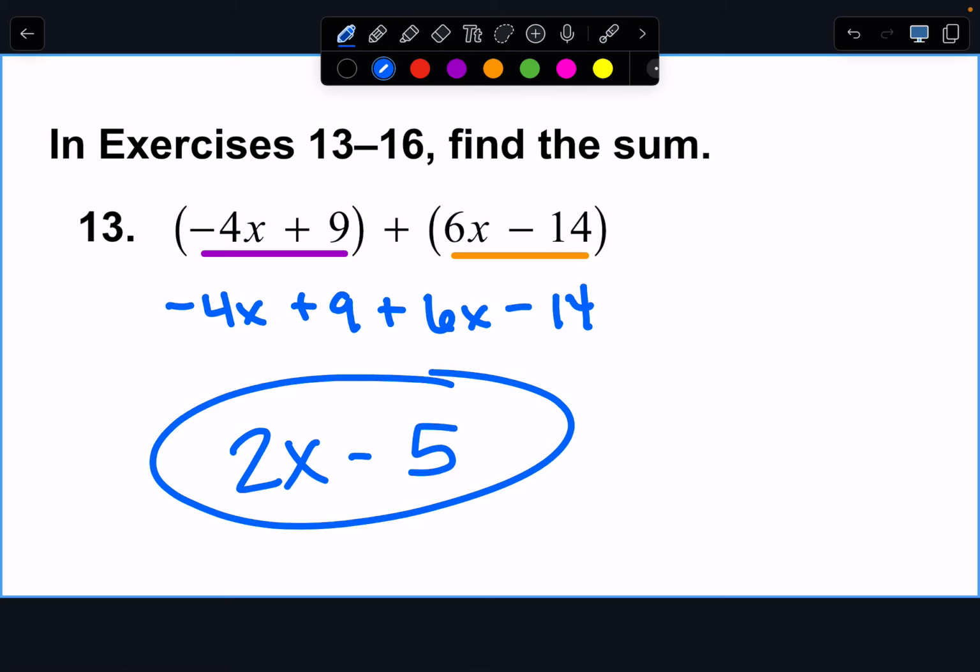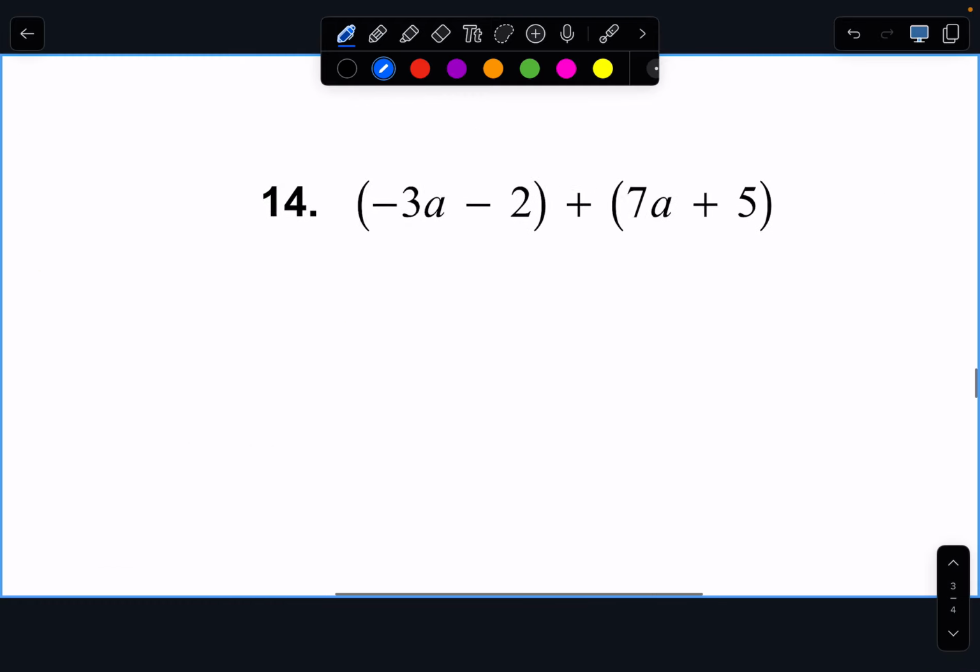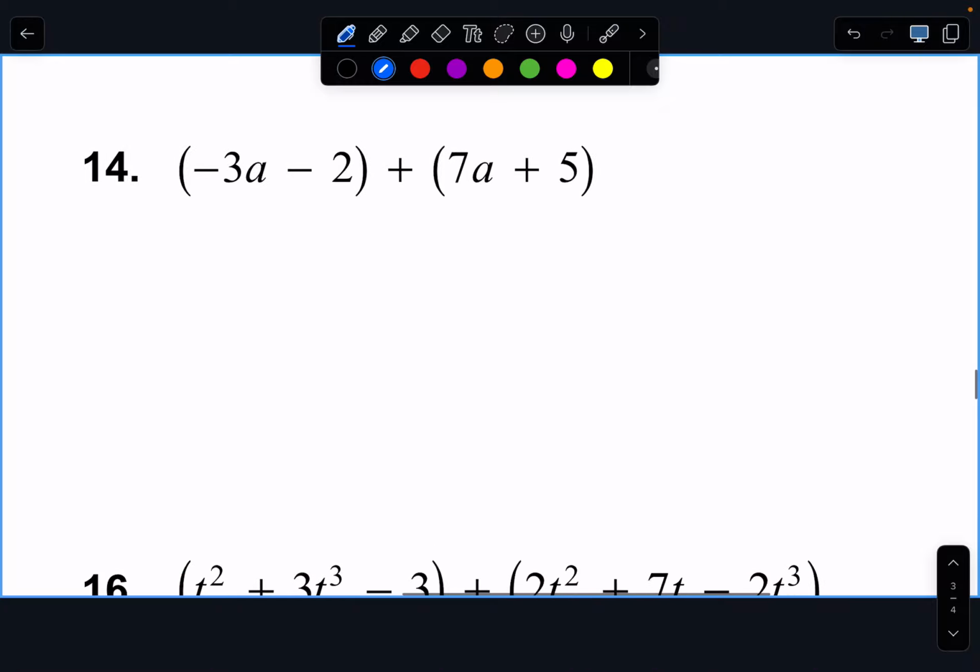Okay, 2x minus 5. Done. That's it. Do we have to put them in order? So your final answer does need to be in standard form order, okay? I will be picky about that now, since we're working specifically with polynomials.